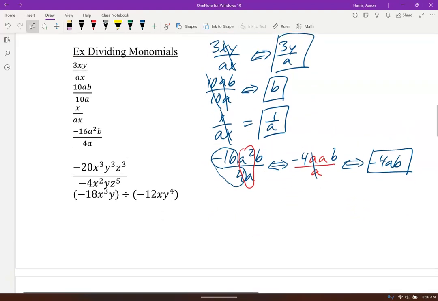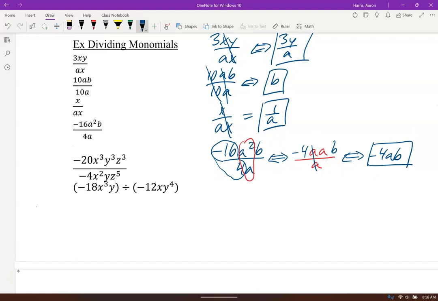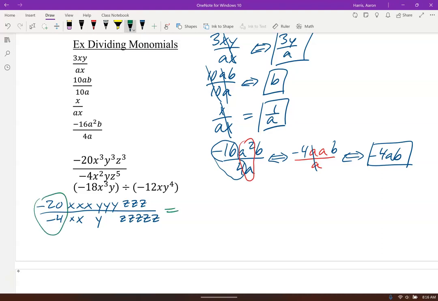Let's look at that fifth one there. Negative 20 x to the third, 3 y's, I'll just write them out, and 3 z's. And we'll just see what we can cancel here. Negative 4 x, y, and 5 z's. I got negative 20 over negative 4.